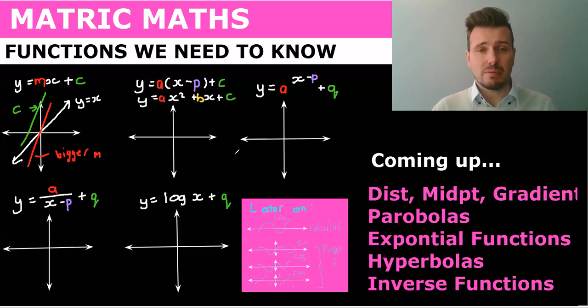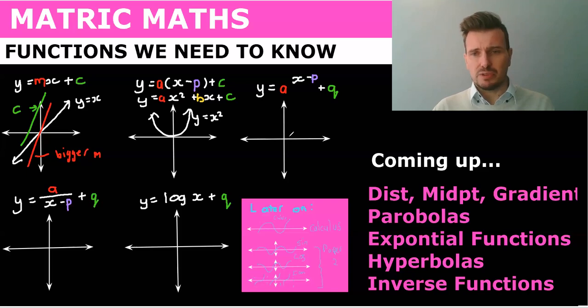Now, looking at the parabola, a basic parabola, a smiley face, would be y equals x squared. That's your basic one. So let's look at what a would do. Well, a, again, like m, changes the slope. So negative m would have gone sloping downwards.